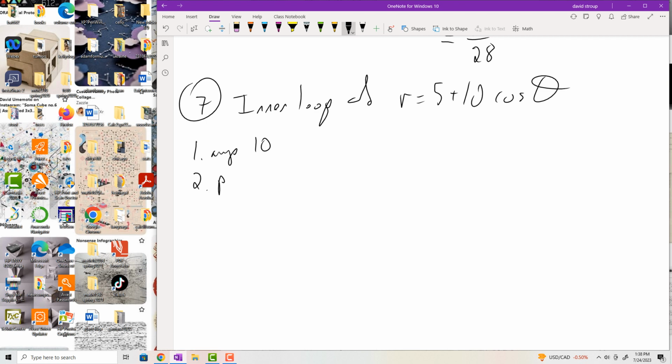Secondly, the period is easy this time. Just going from 0 to 2 pi. So the tick marks, 2 pi over 4. So it's going by pi over 2s. Then what do we have? We have a shift up 5.